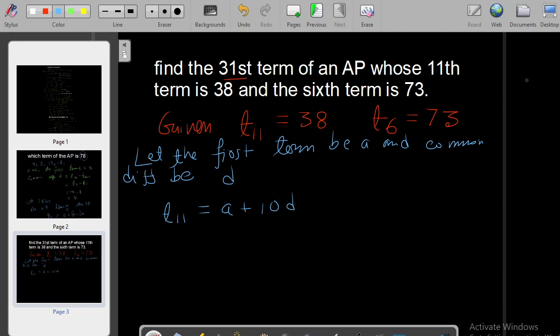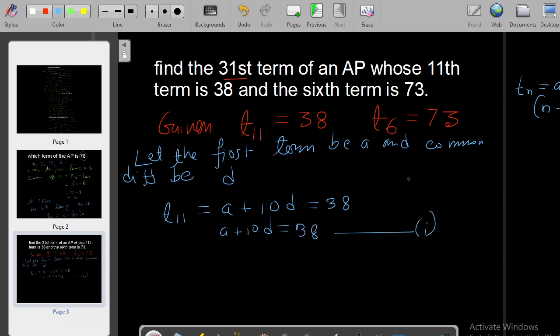Remember the formula that Tn equals A plus (n minus 1) into D. We are using this one over here, and that is 38. So we can write A plus 10D equals 38. This is the first equation that is formed.